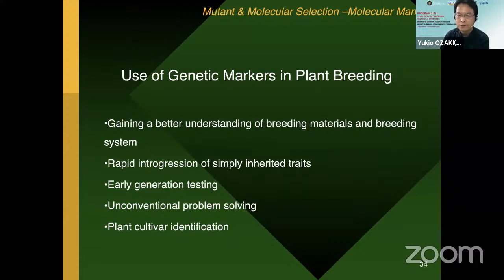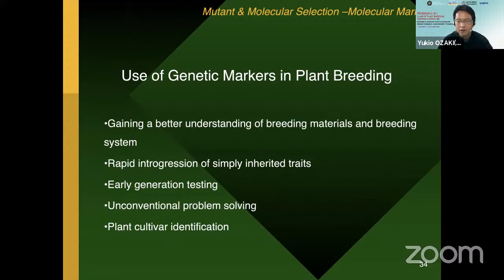Molecular markers are used for several purposes in plant breeding. First, gaining a better understanding of breeding materials and breeding systems. The success of a breeding program depends to a large extent on the materials used to initiate it. Molecular markers can be used to characterize germplasms, develop linkage maps, and identify heterotic patterns.